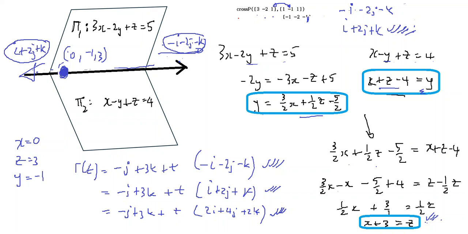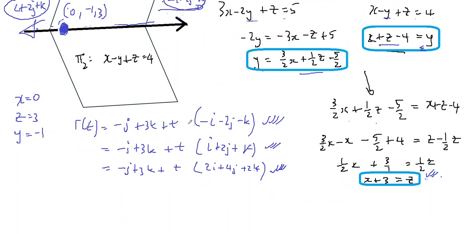The other thing that I could do is, instead of having this parameter t multiplying the direction in the form of a plus td, I could say that r of lambda equals, let's call x equal to lambda.